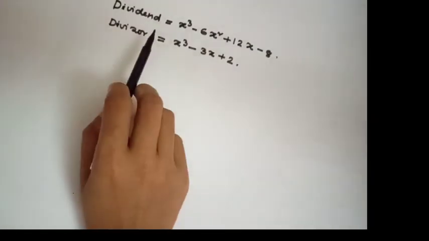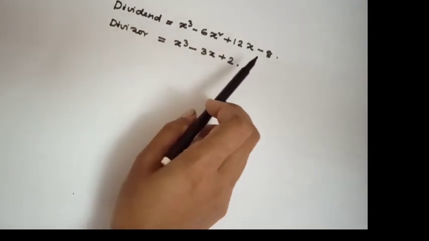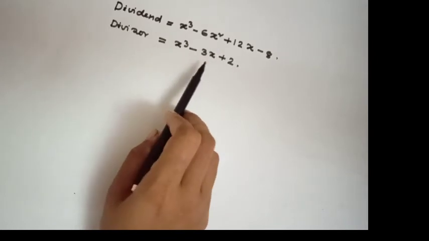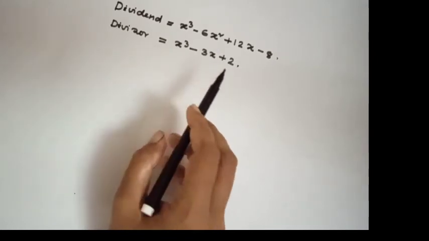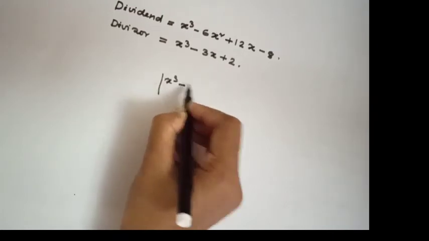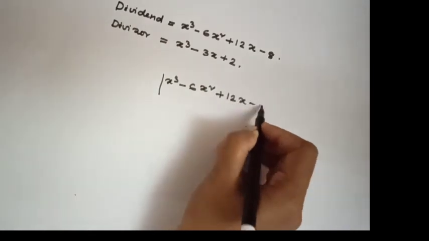Let's see one example. Let x cubed minus 6x squared plus 12x minus 8 be divided, and the divisor is x squared minus 3x plus 2, okay.